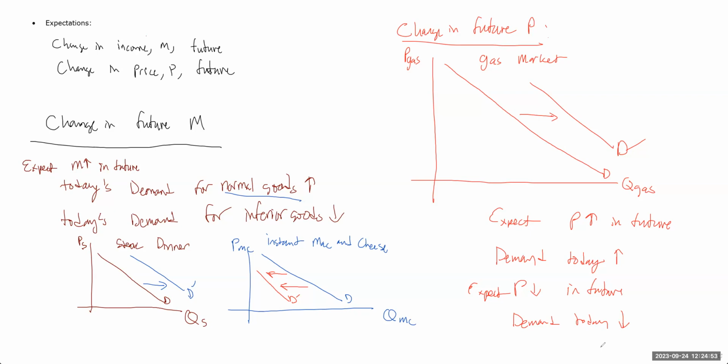Let's say Joe Biden says the price of gasoline is going to be 10 cents at midnight, and no one's going to buy gas today. Yeah, we just hold off. Wait till midnight, boom, we start buying gas. All right, so that's expectations. Hopefully this makes sense. And let's do the last one, change in the number of buyers.